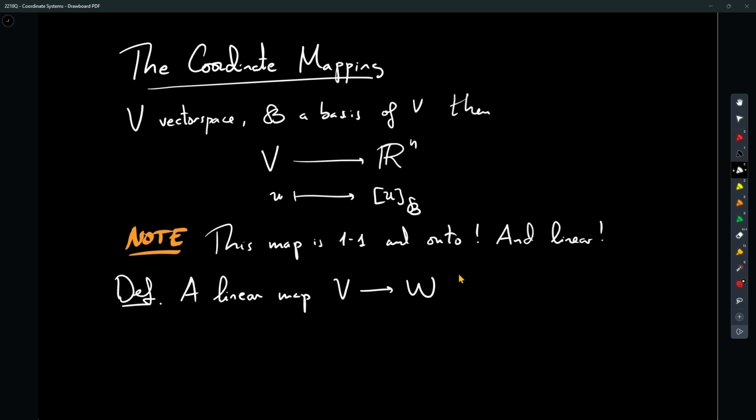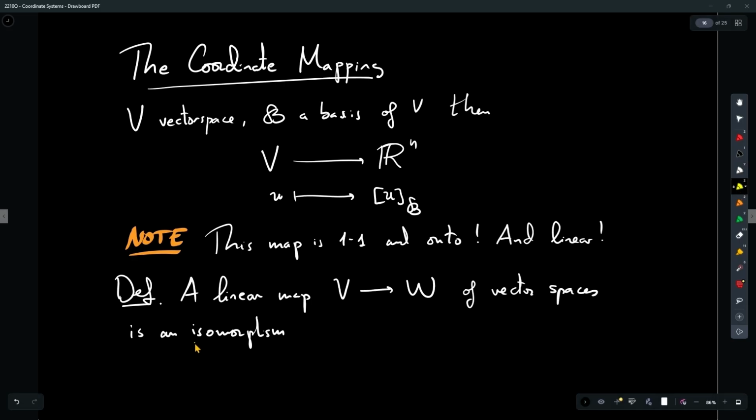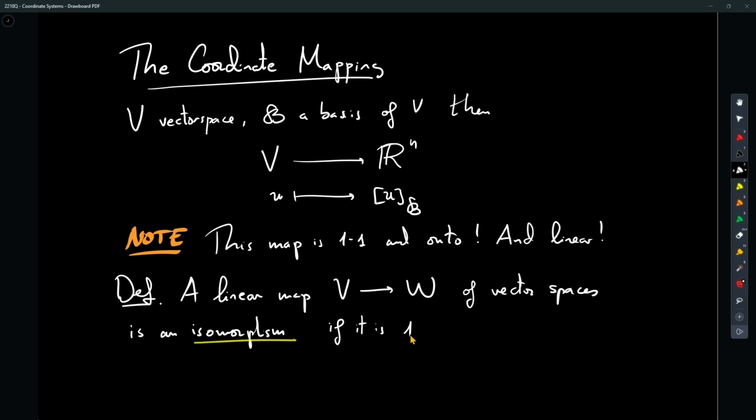A linear map between two vector spaces is an isomorphism if it is 1 to 1 and onto. And in this case, if V and W are related by an isomorphism, then we say that V and W are isomorphic.